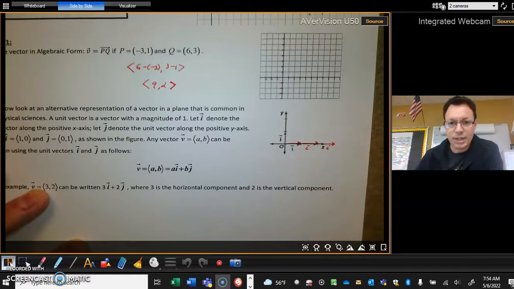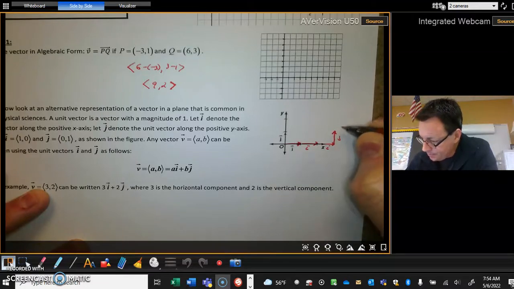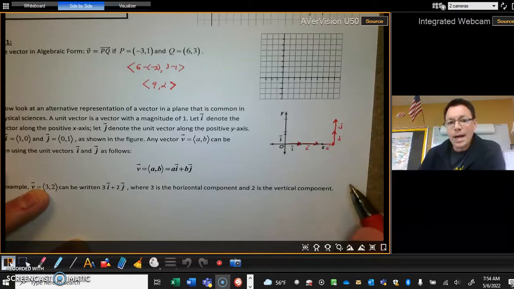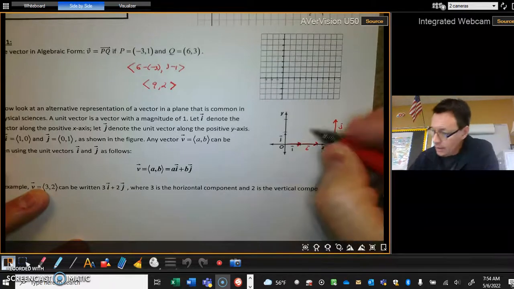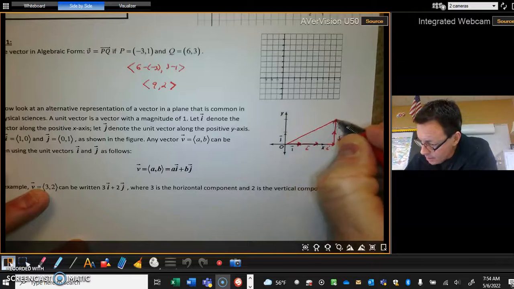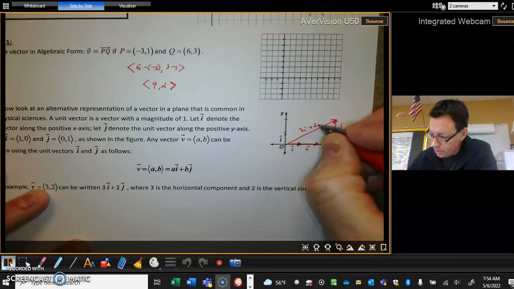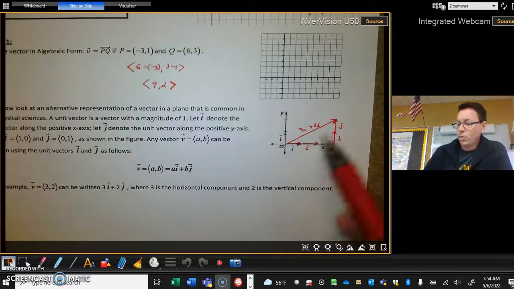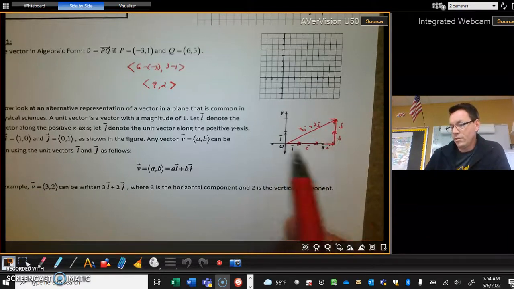And then we're going to add 2 of these vertical vectors. So 1, that's j, and that's another j. But I'm adding them together. So my result is this vector, which is the vector 3i plus 2j.